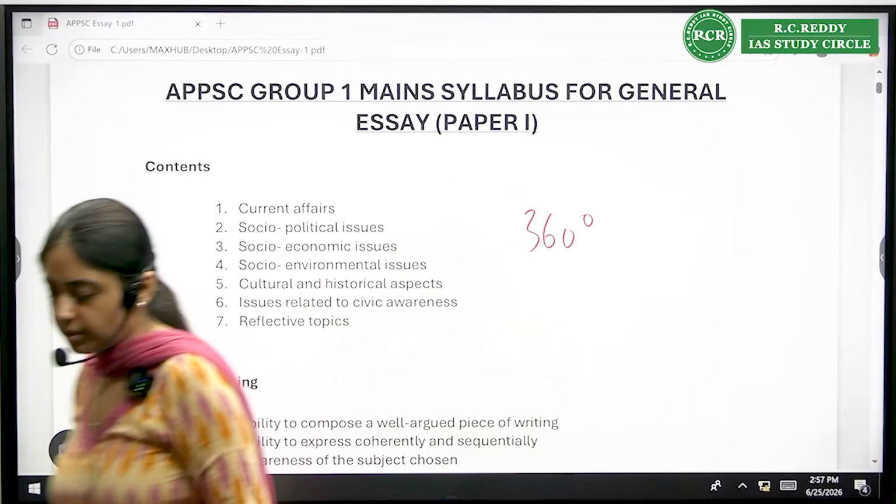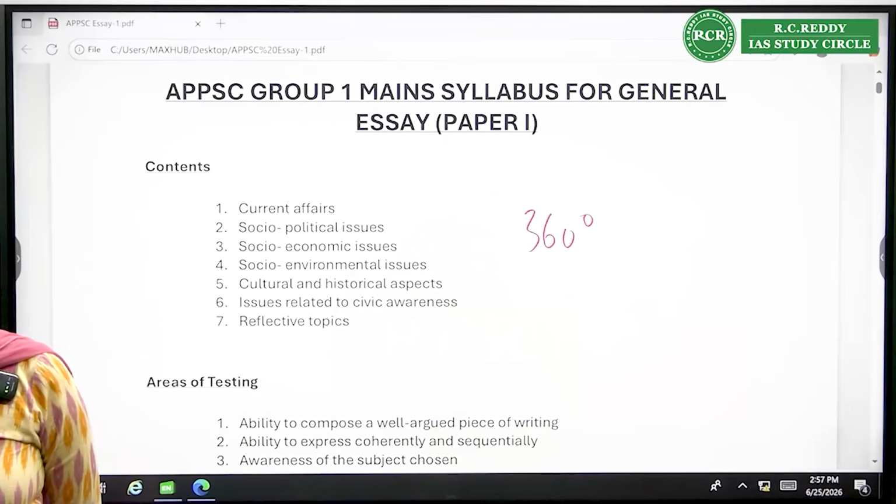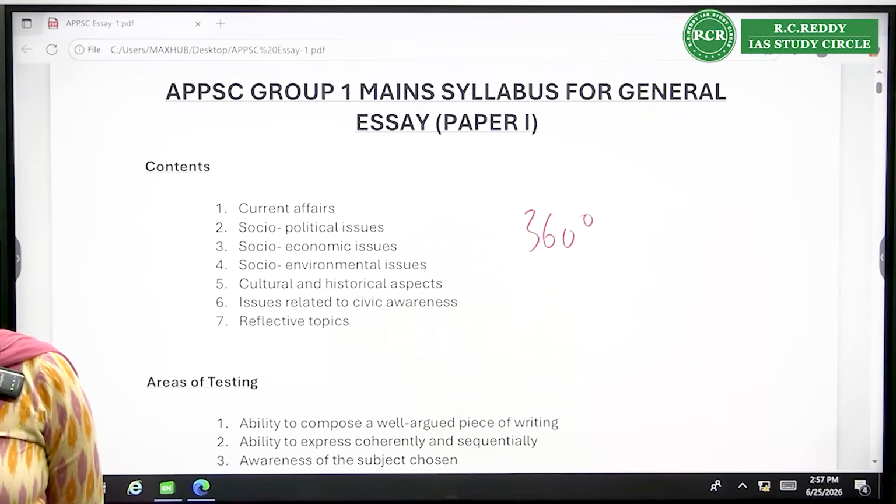Write down awareness of the subject chosen.